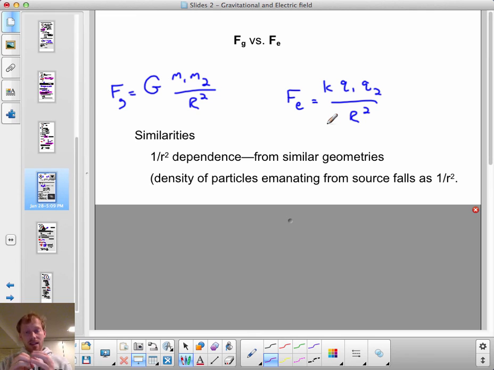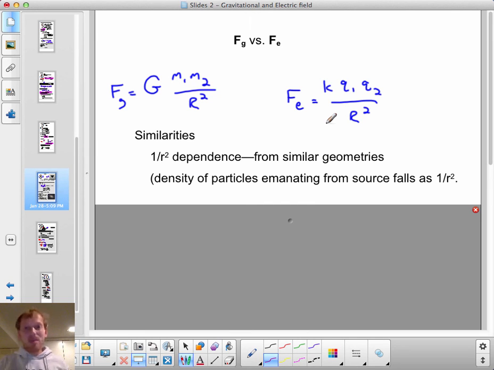Yes, the idea is that a charge emanates particles that sort of announce that it is a charge. And then depending on the density of those particles at a particular location in space, a charge brought there would respond to the original charge based on the density of those emanated particles. And these particles are spreading out over spheres that get bigger and bigger.